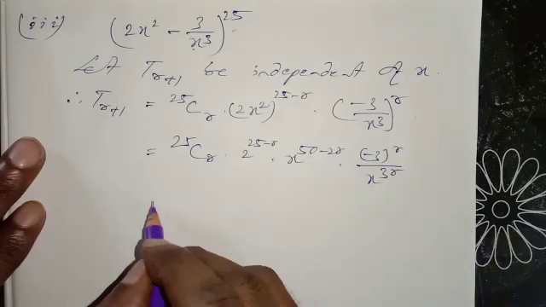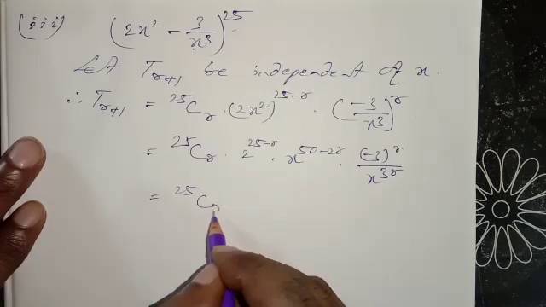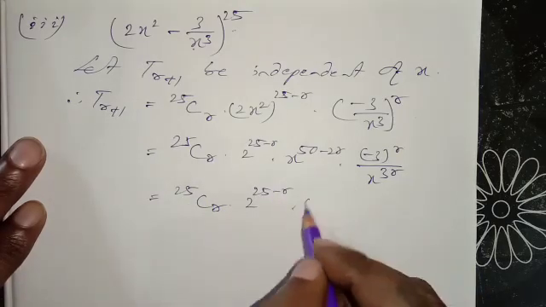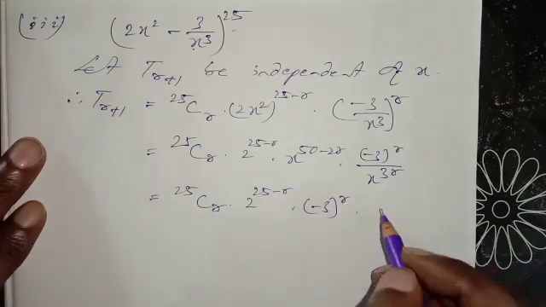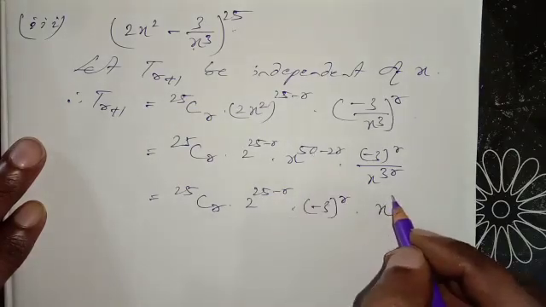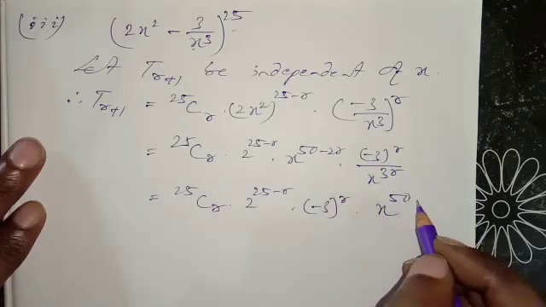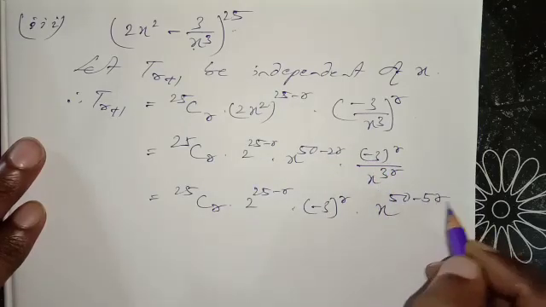This will be adjusted here. Next step, write here 25Cr, 2 to the power 25 minus r, (minus 3) whole to the power r, and x to the power, if you take it together, this will be 50 minus 5r.